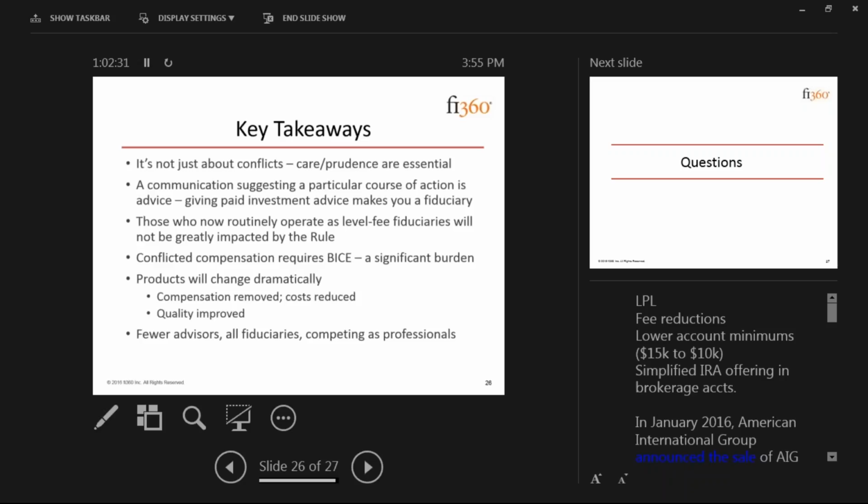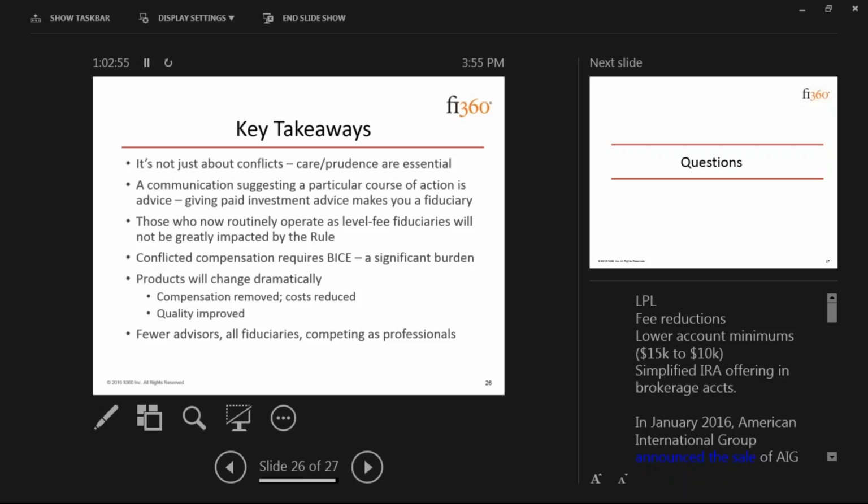The quality improved, from the standpoint of, again, if there's more scrutiny being placed on advisors that are being held to a fiduciary standard where you have to demonstrate that you're providing advice that's in their best interest, that will drive a higher level of due diligence, and that will drive ultimately better quality.